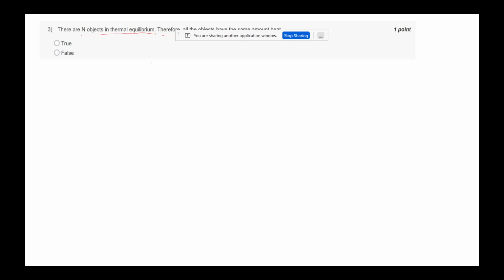Let's say there is ice and there is water. So ice and water can be in thermal equilibrium. Are they identical objects?